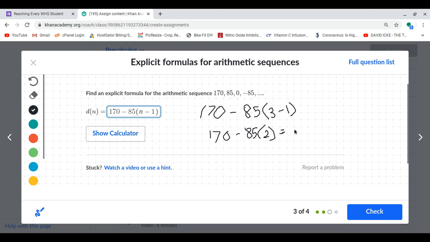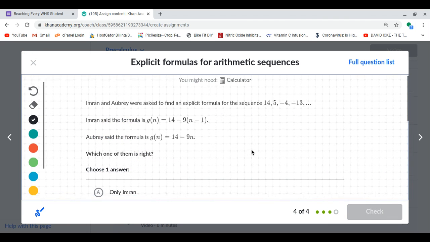Well, that equals 170 minus 170. If you subtract anything from itself, you're going to get 0. So it does work for the third term. We could check it for these other terms as well. It will work for each of those. That's all we do. Check it. Okay, let's go to one more example, see if we can get perfect energy points and upgrade our avatar.